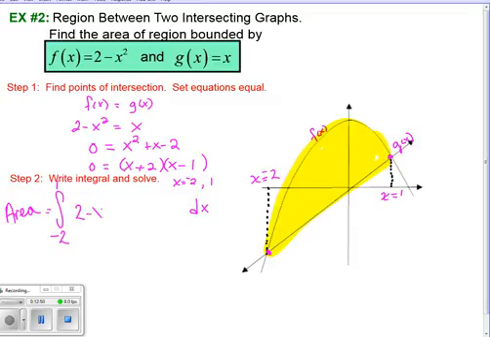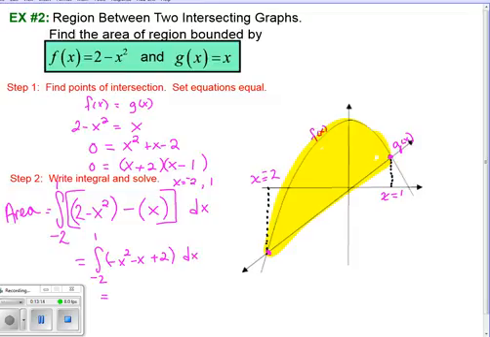2 minus x squared, there's the f of x expression, and the g of x is x. And then we can integrate from negative 2 to 1. I think what I'm going to do is organize this. So I have negative x squared minus x plus 2 dx.